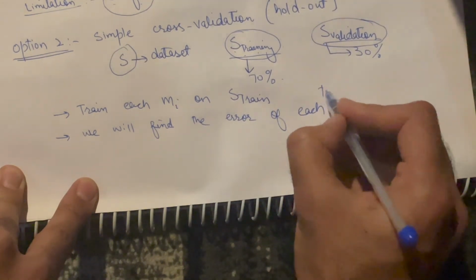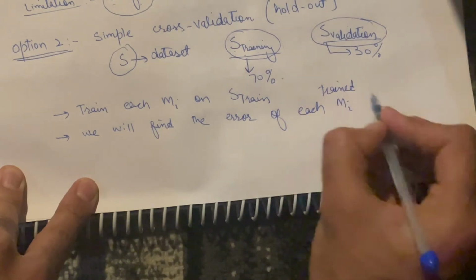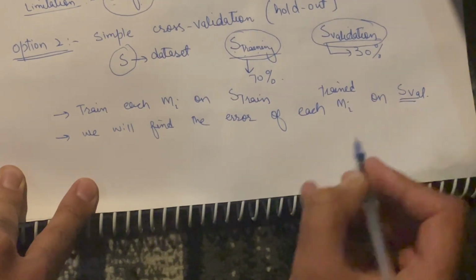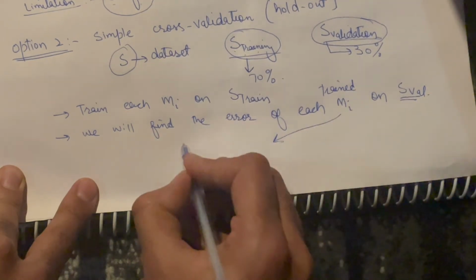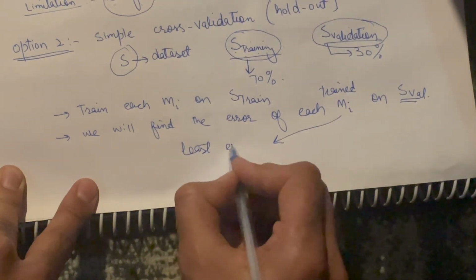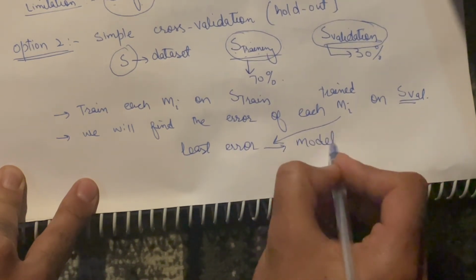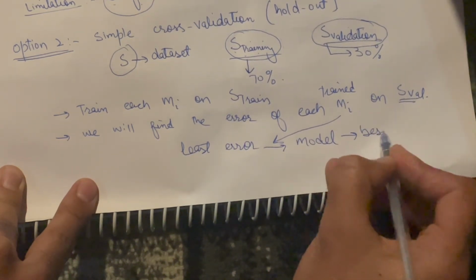Okay, so you have to remember, each trained model on S validation, on this data set, and the model which gives least error, we will choose that particular model, will be the best model.